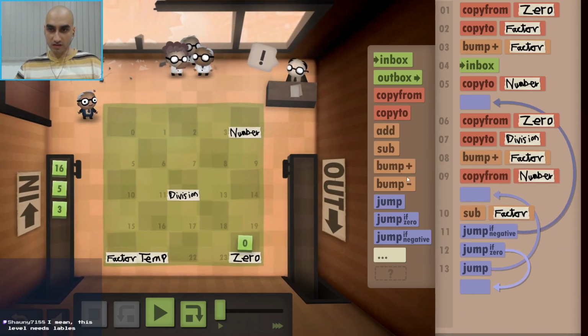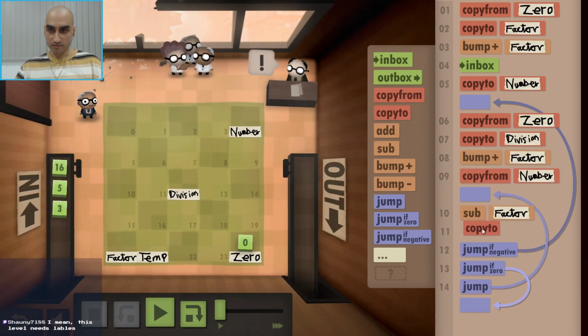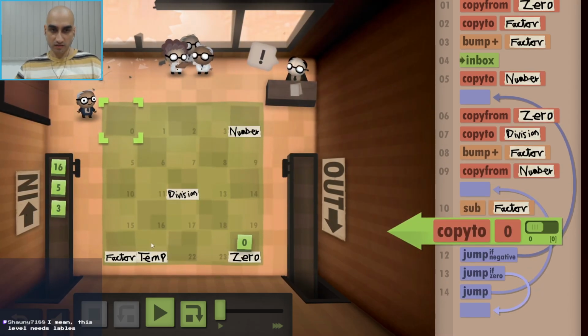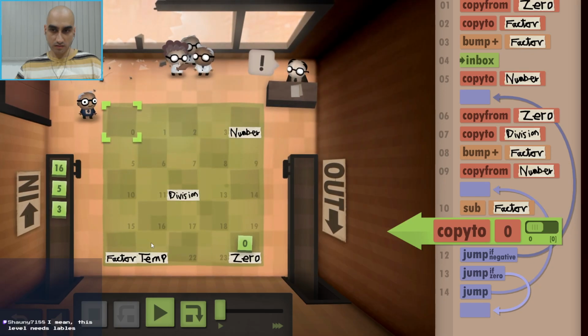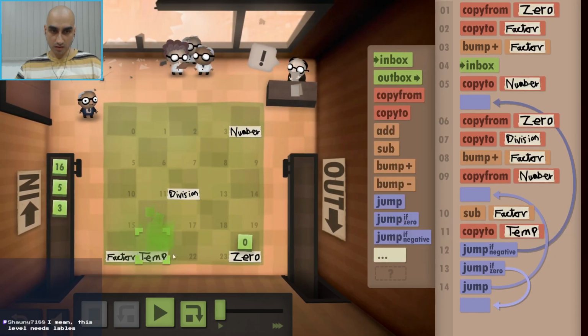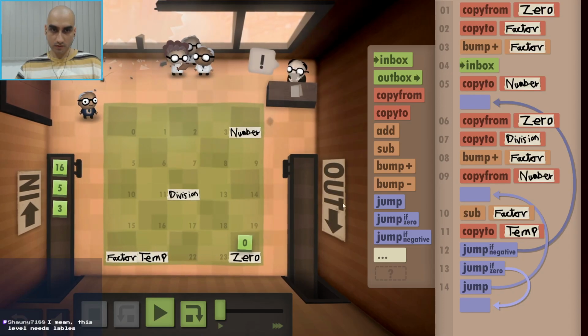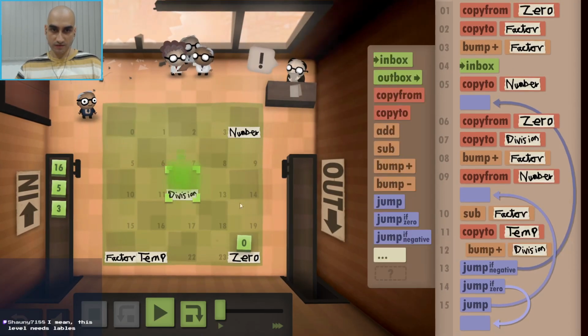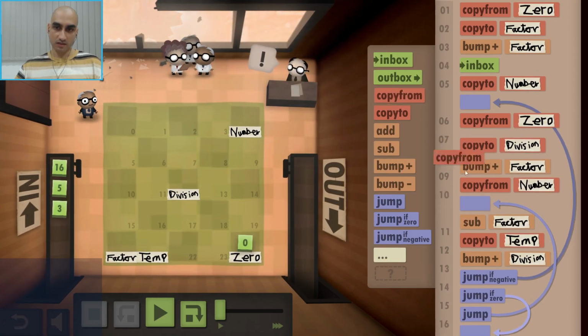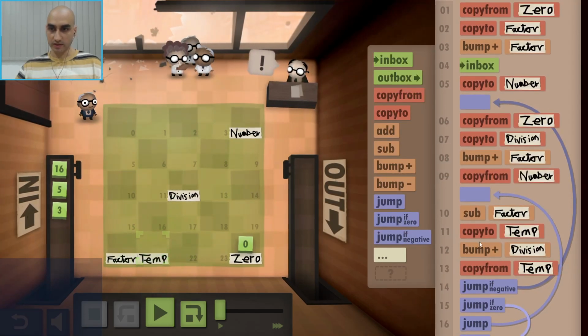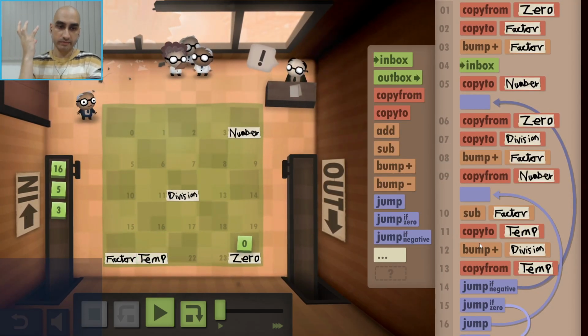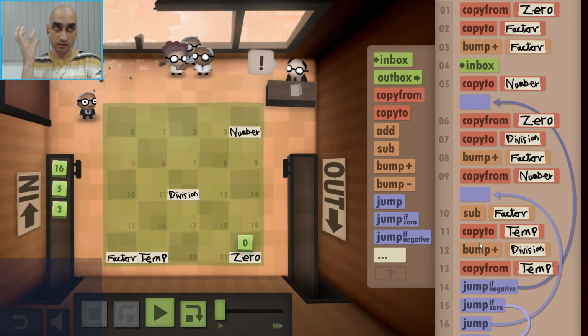So we just put what we're holding here, increase the division count, and then pick up temp again. All right. So we're still holding the result of subtracting the factor.